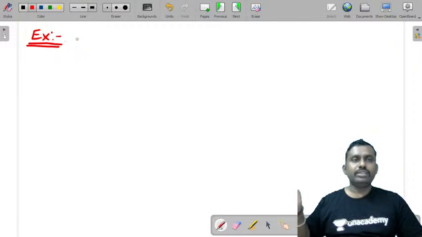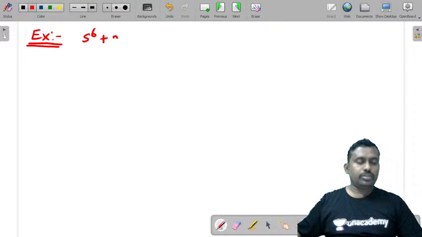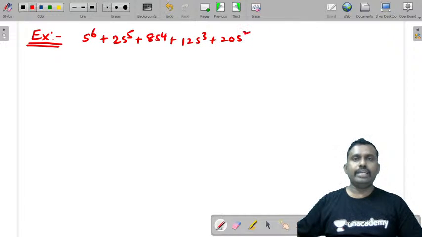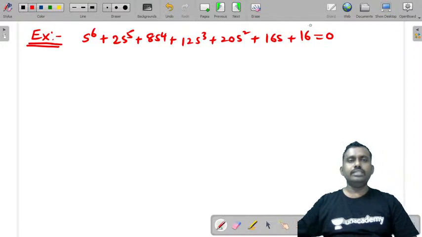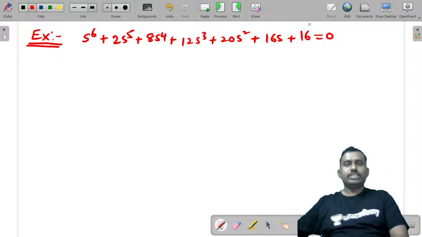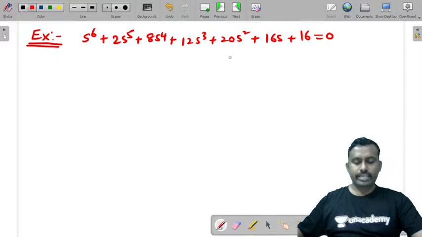Let me take this example, a bit big one: s^6 plus 2s^5 plus 8s^4 plus 12s^3 plus 20s^2 plus 16s plus 16 equals 0.